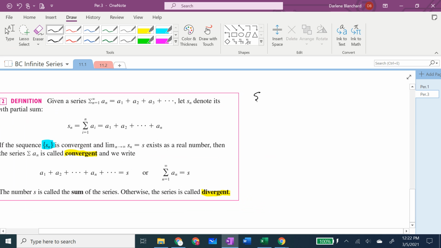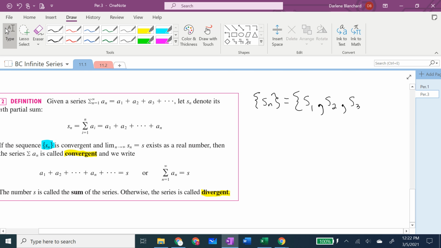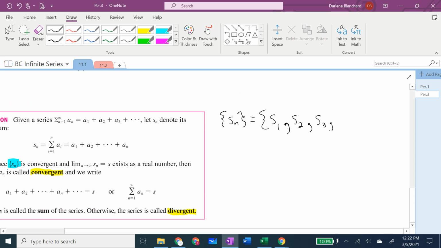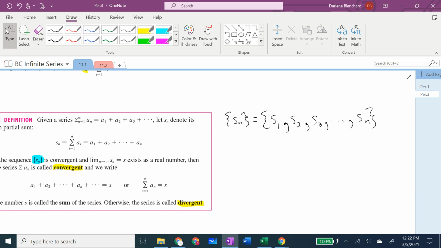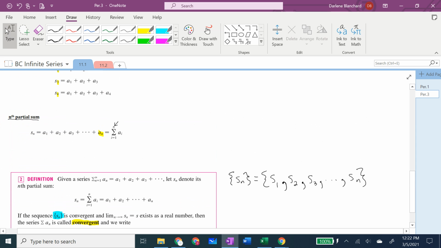So when you are looking at this, it's referring to the list of the sum of the first one terms, comma, the sum of the first two terms, comma, the sum of the first three terms, up to a particular n that we decide to cut it off on. And I want to make sure to clarify.